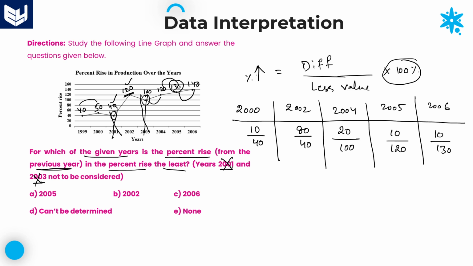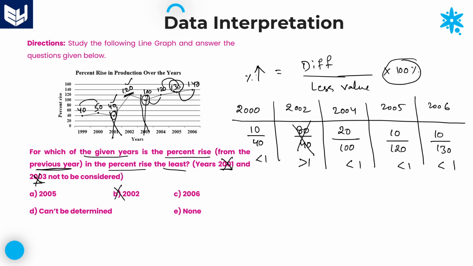10 by 130. Now if you observe carefully, this value for 2002 is greater than 1, and the remaining values are less than 1. As we want the least value, you can directly eliminate 2002.